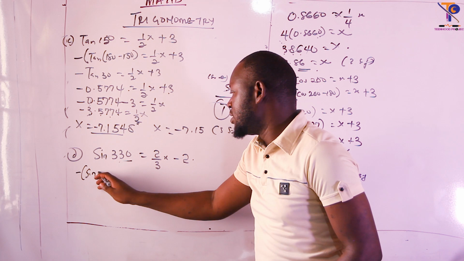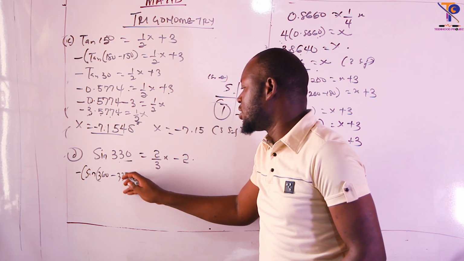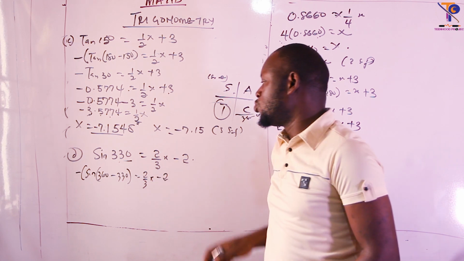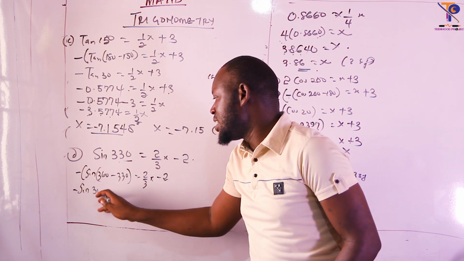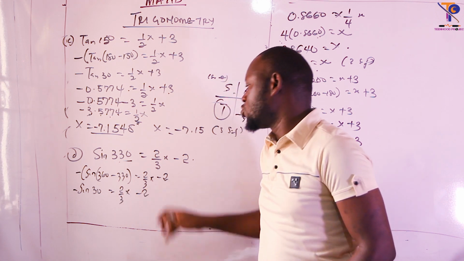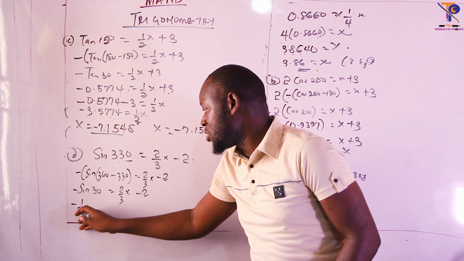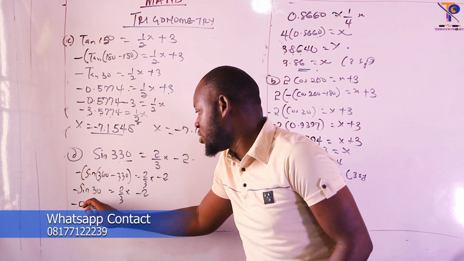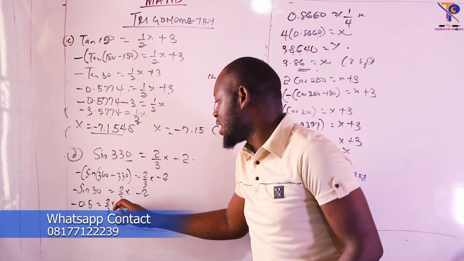So we have 360 minus 330 is equal to 2 over 3x minus 2. So from here I have minus sine 30 is equal to 2 over 3x minus 2. Fortunately, sine 30 is half, so we have minus 1 over 2, or let me say minus 0.5. Let's go for decimal. We've been using it since. So we have 2 over 3x minus 2.